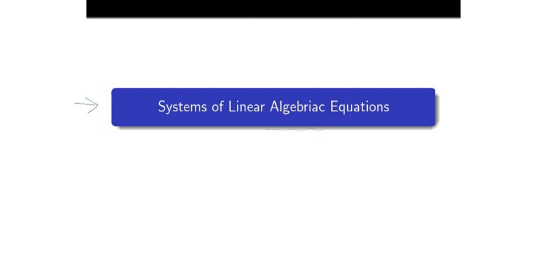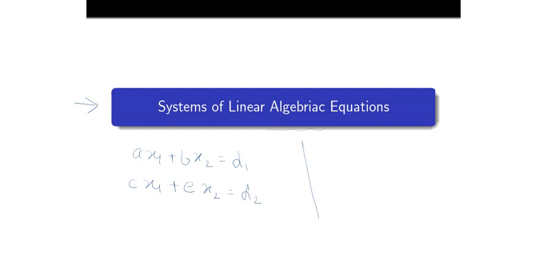For example, let's say one equation is ax1 plus bx2 equals d1, and another equation is cx1 plus ex2 equals d2. So this is a linear algebraic equation.